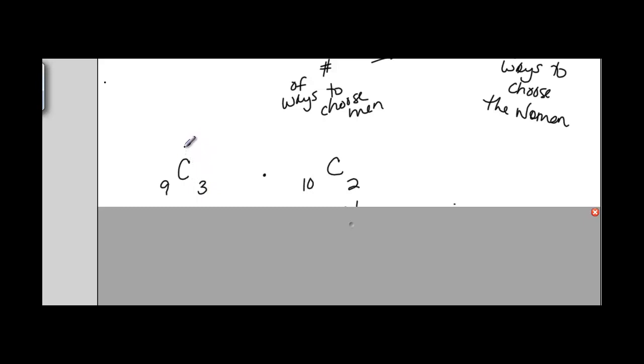This is a combination because the order did not matter when I chose those 3 out of the 9. And then the number of combinations of choosing the women, selecting 2 out of a total of 10: 10 would be our N, or total number of women. We're choosing R, which is 2.